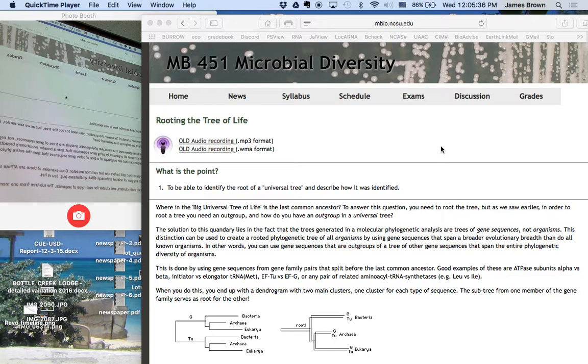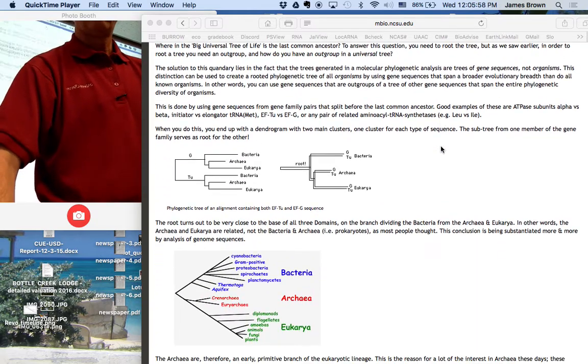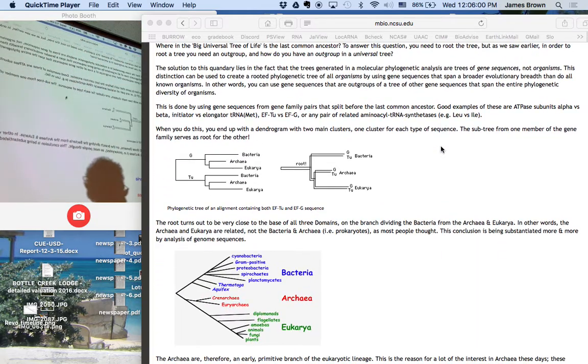It is possible to have an outgroup for a tree containing homologous genes from all organisms, because many genes in all kinds of living things are the result of gene duplication and specialization. And so, for example, EFTU, elongation factor TU, which I'm sure you remember from biochemistry or some such class.